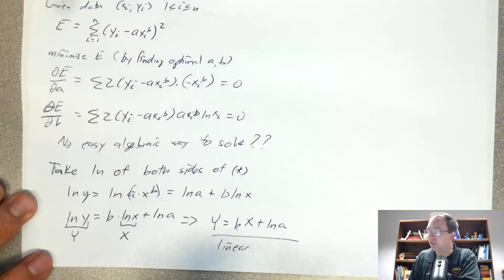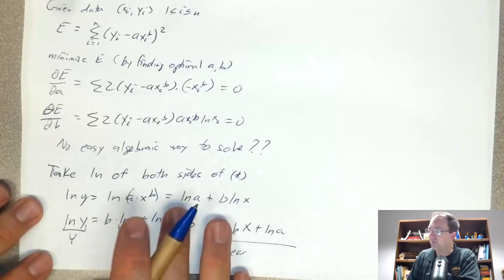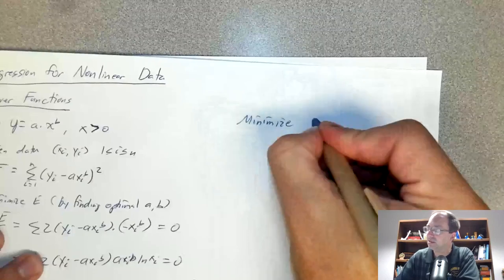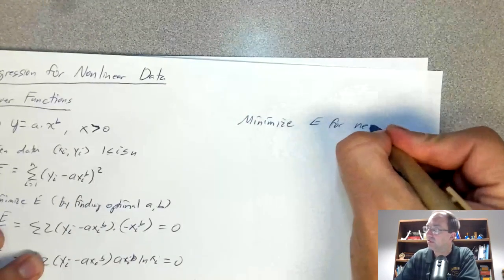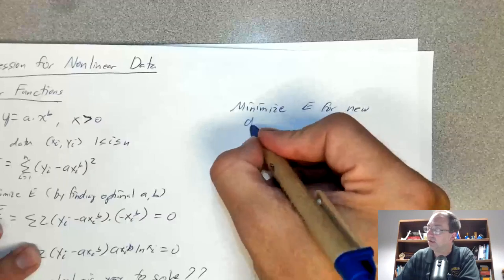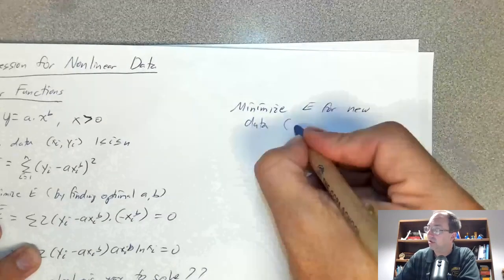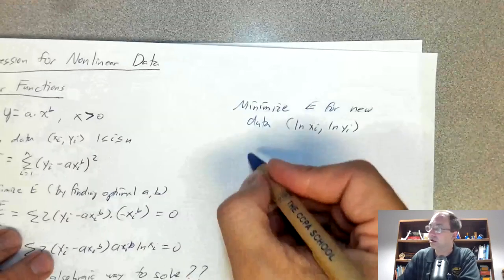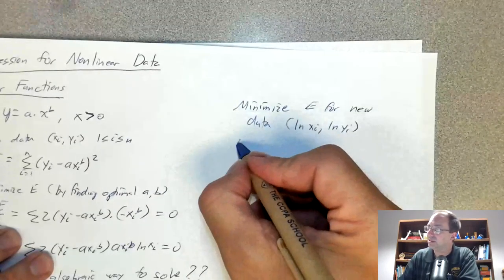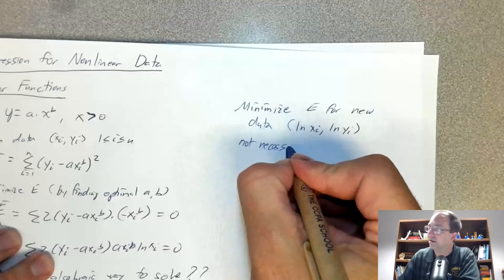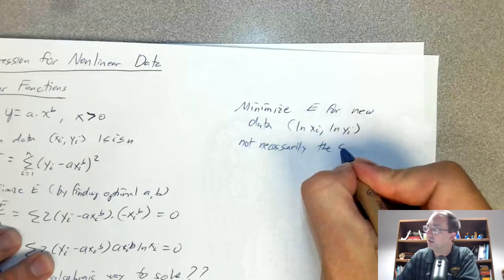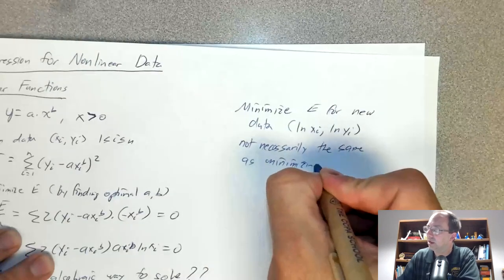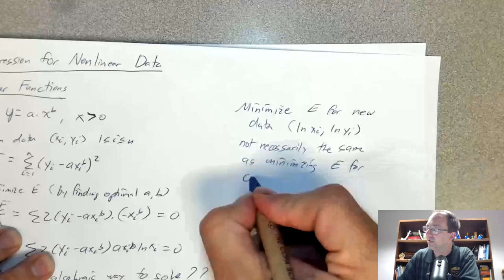Now, there's one problem with this, and that is that when we minimize SSE for the new data, in other words, natural log of xi, natural log of yi, this is not necessarily the same as minimizing E for the original data.